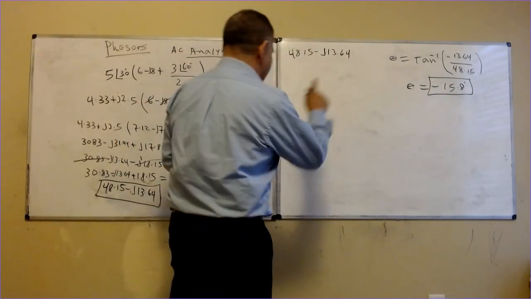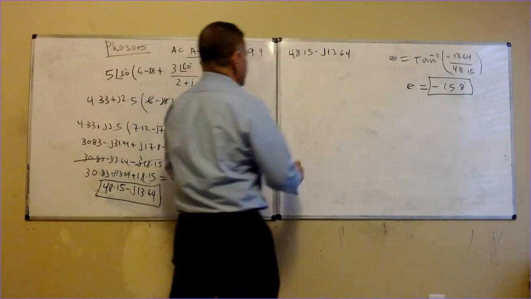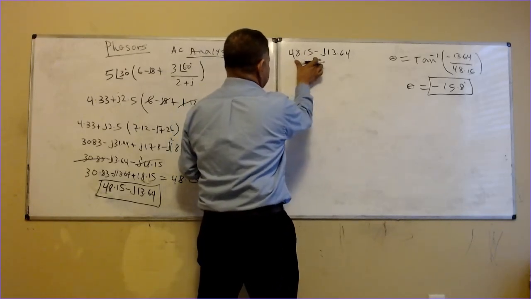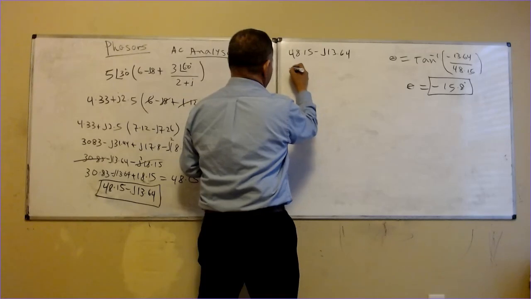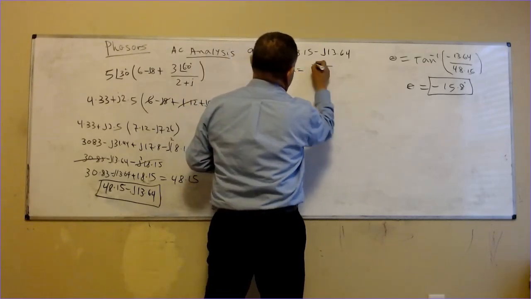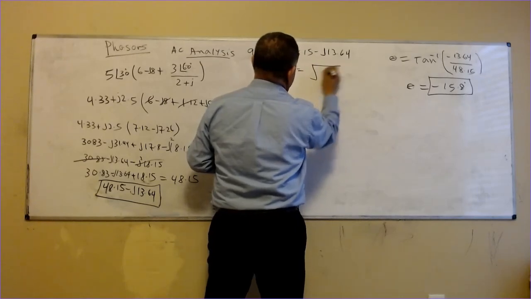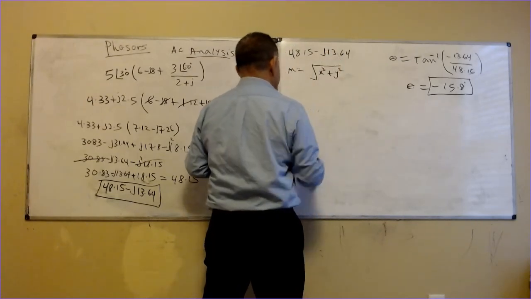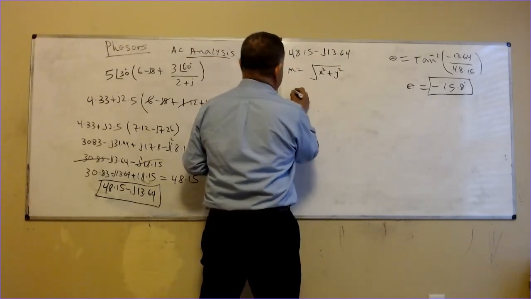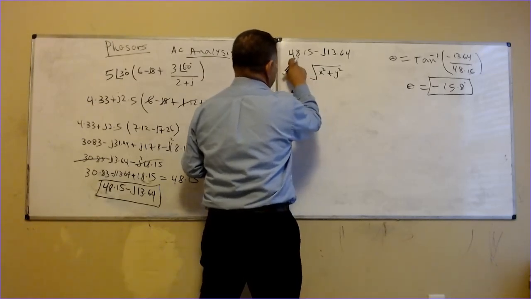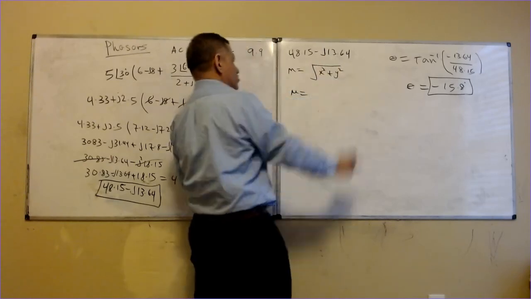Now we have to do more work. So we have to find the magnitude of these two guys, and how do we do that? The magnitude is equal to the square root of x squared plus y squared, right? So the magnitude of that is going to be equal to, this is the cosine to represent the x, and this is the sine guy to represent the y.